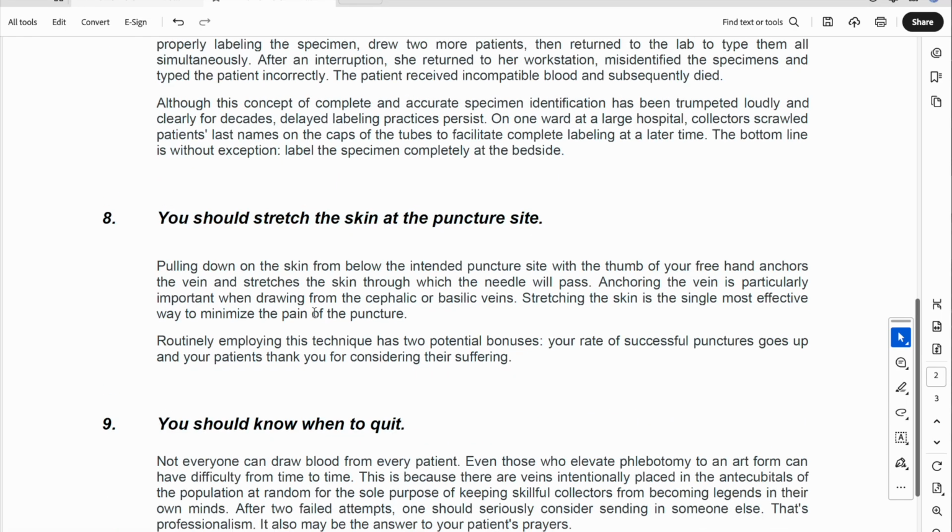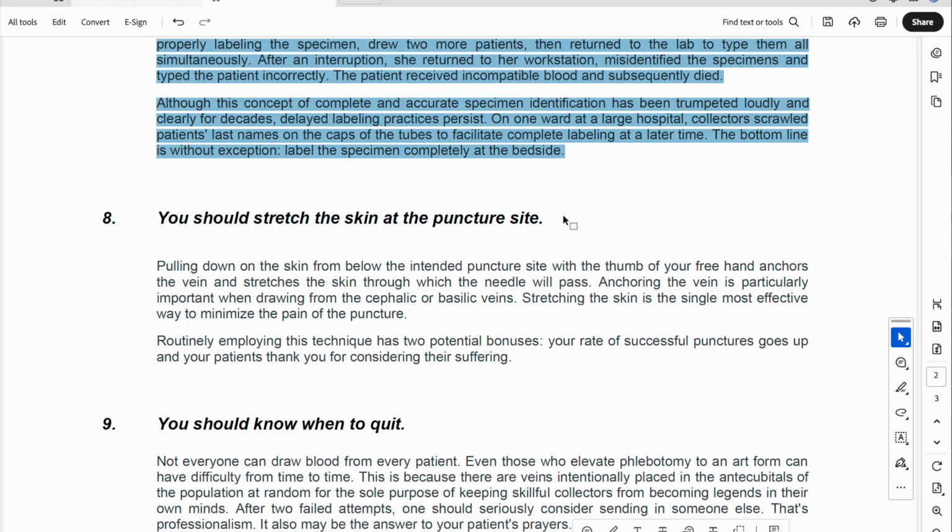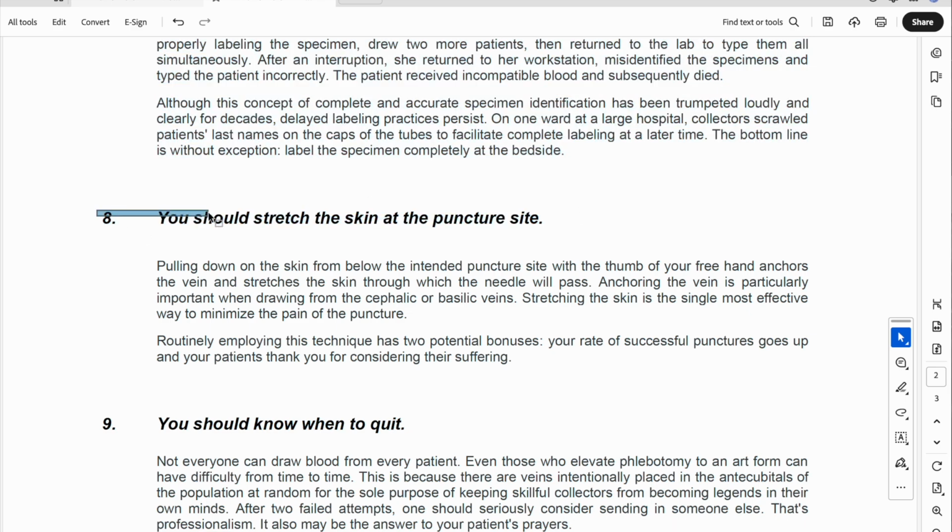Rule number 8. You should stretch the skin at the puncture area. Proper skin stabilization serves 2 critical functions. It anchors the vein and reduces puncture pain.